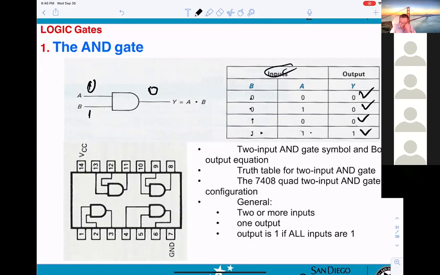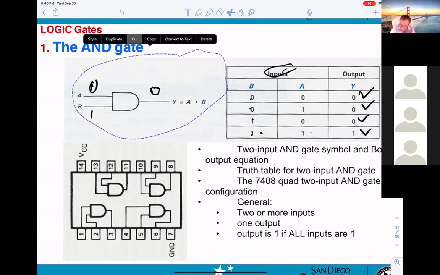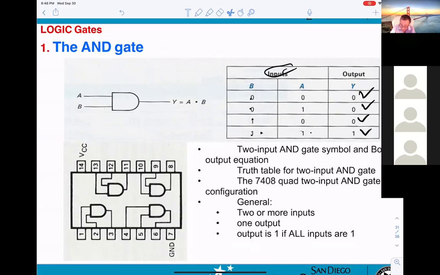Now, if you get this and get here, 1, 2, 3, that will be A, B, C, and Y. Okay? So if I say A equal to 1, what output?